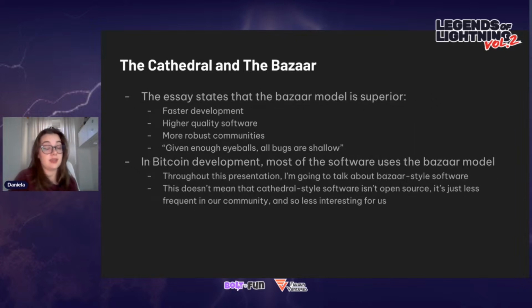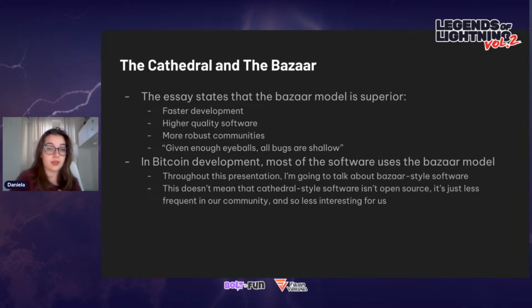The essay states that the bazaar model is superior, and I'm also convinced of that because you develop a bit faster and the software you get is higher quality. There's this sentence that I really like: given enough eyeballs, all bugs are shallow. So if enough people look at the code, we can find and fix every possible bug.